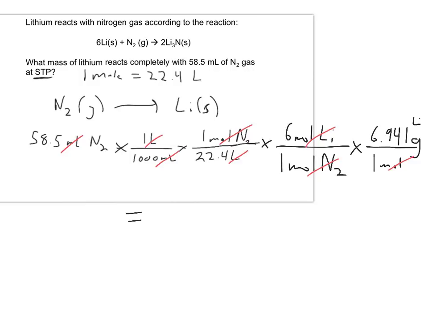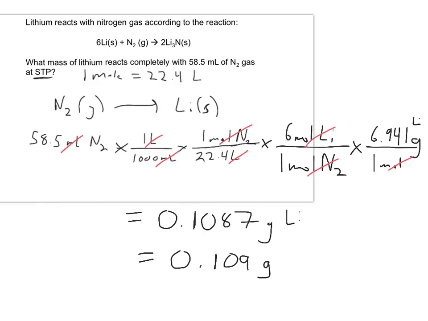If I do that math properly, I get 0.1087 grams of lithium. But if I round that to 3 significant figures, I get 0.109 grams of lithium.